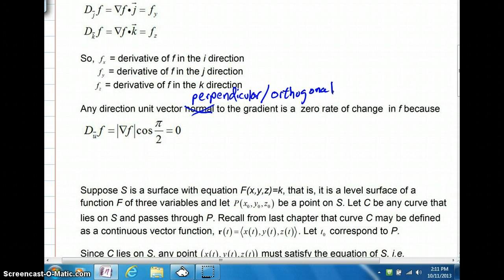I'll be honest with you, a lot of math courses use the word normal to mean perpendicular. Really, we shouldn't. Especially in our text, we get more specific using the word orthogonal or perpendicular. It would be better to do that. Sorry about that. So any direction unit vector perpendicular or orthogonal to the gradient is a 0 rate of change.